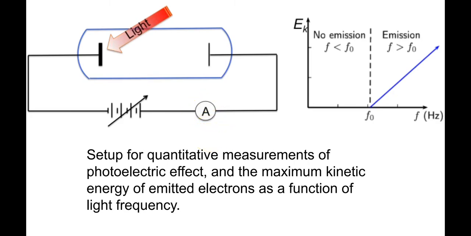When the cathode was illuminated by light, an interesting phenomenon was observed. When the light was red, there was no emission of electrons from the cathode. But when the light was blue, there was emission. So the higher the frequency of the electromagnetic wave, the higher the energy of electrons emitted from the cathode.